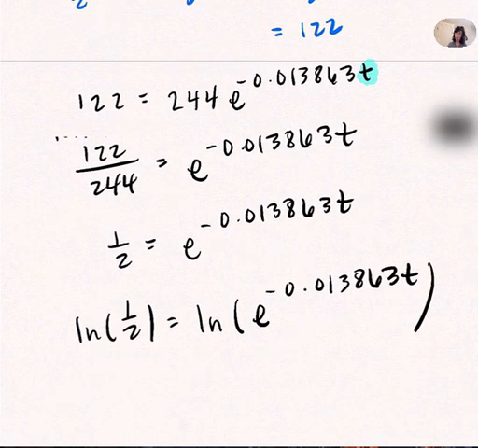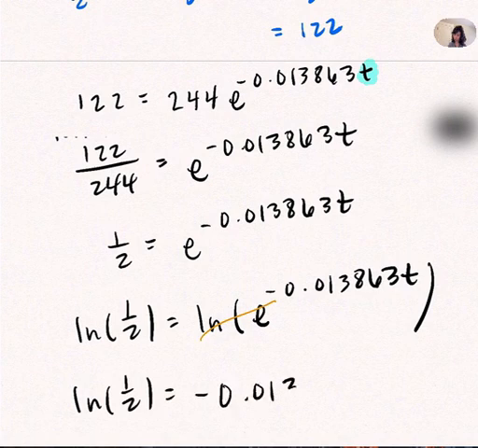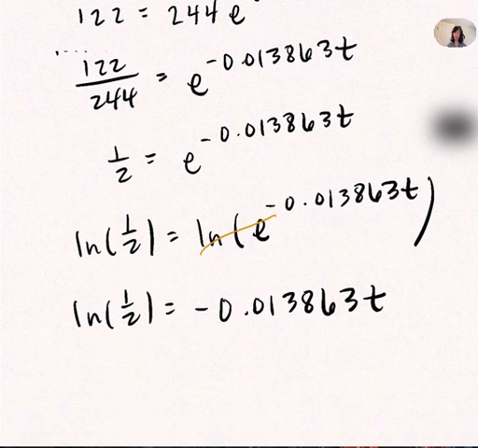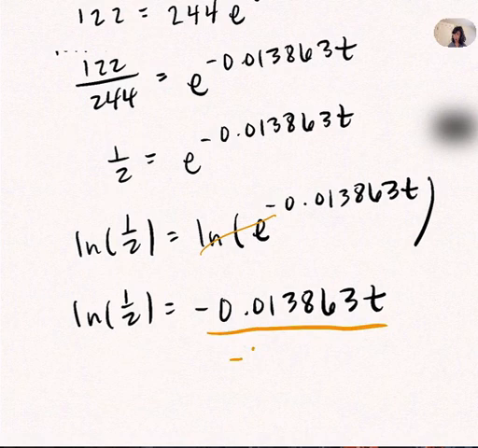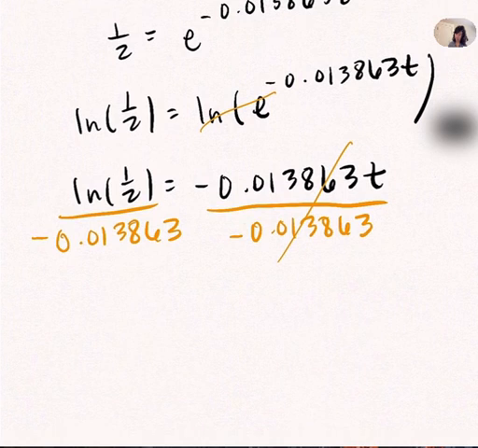On the right, ln and e are inverse functions, so these cancel each other out, and we get the following. And we can divide both sides by that k value to solve for t. I'm going to divide on the right by negative 0.013863 and on the left by that same value, so that these cancel away and we get t. So t is equal to the following.